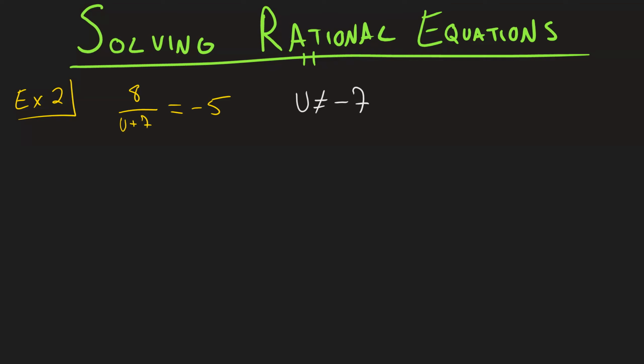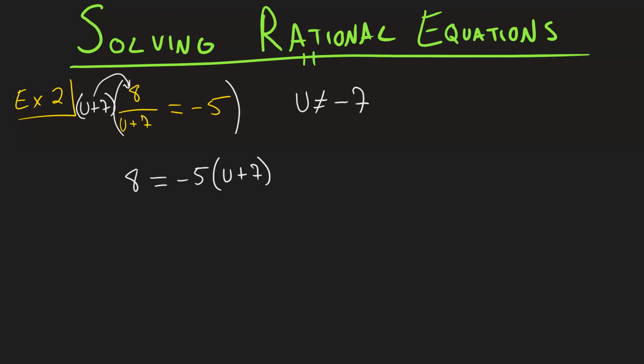So now let's solve. I'm going to take the entire equation and multiply it by u plus 7. So I'm going to go ahead and multiply that out. u plus 7 times 8 over u plus 7. Well, the u plus 7's are going to cancel out, leaving me with just 8 equals negative 5 times u plus 7. Now, I didn't multiply it out yet.